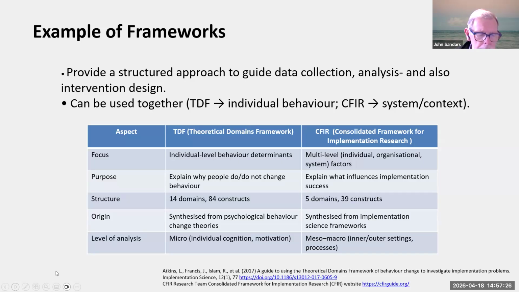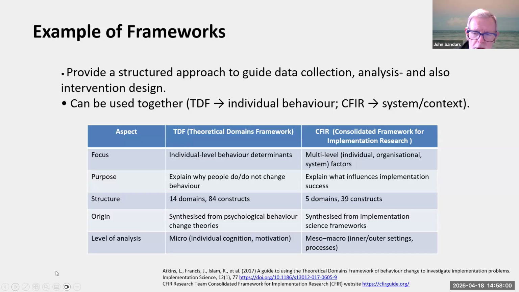So, for example, the theoretical domains framework explains how and why people change their behavior. And there are 14 domains and 84 constructs. And there are guides on how you can structure your questions so that it fits into those. Then you can compare one group with another group because you've got a rich understanding across certain domains.